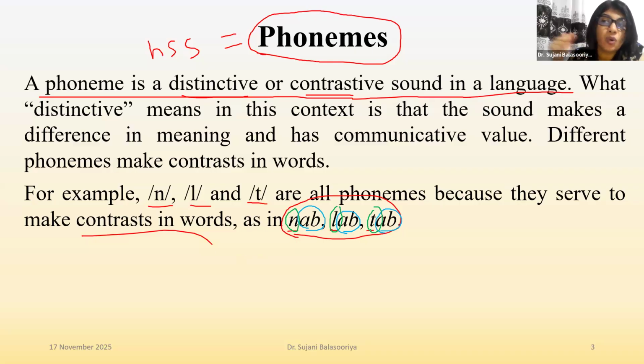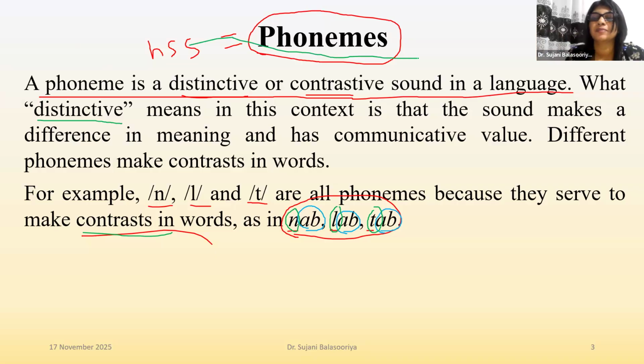Na has its own meaning, la has its own meaning, and ta has its own meaning, and that is what we mean by distinctive. Distinctive or contrast. Na contrasts with la, la contrasts with ta, because each of the three sounds has its own meaning, which is different from the other two sounds. That is the main feature, the main characteristic of phonemes.